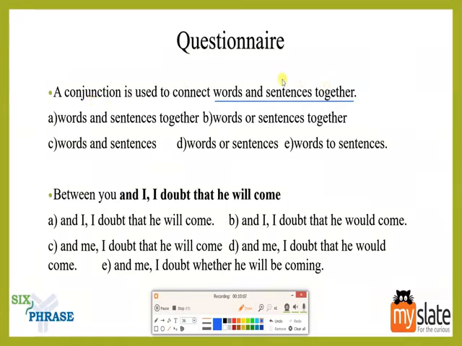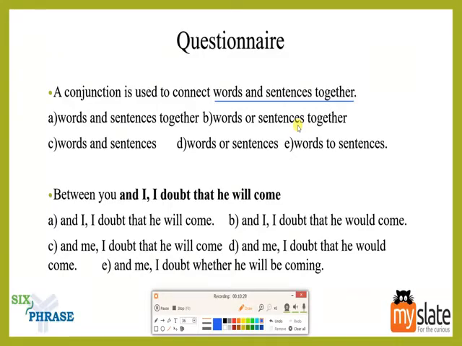So what is the error actually here? Before we go to the question, we need to know what a conjunction is. A conjunction is a word which we use to join sentences, or join words, or words with sentences, or sentences with words. You guys know that, right?